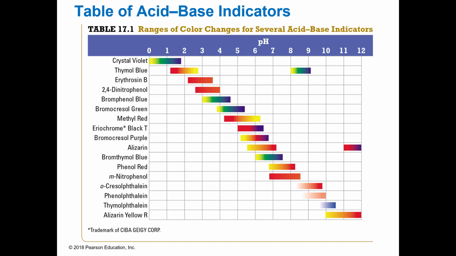Like I said, phenolphthalein, which is one that we use a lot, is here. It's on the high side of 7. Some of these, even though they're good right in here, the transition is not as sharp as when you're going from colorless to pink, like in phenolphthalein. So that's why we use that a lot.